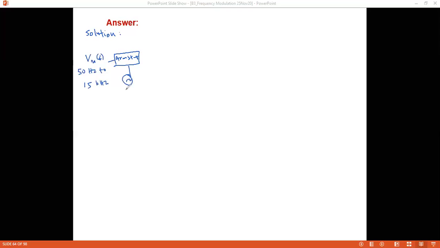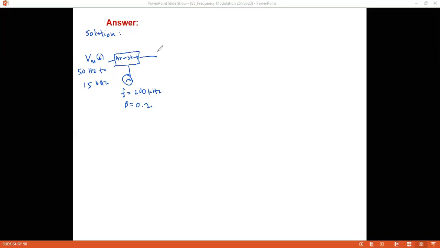Over here, the F is at 200 kilohertz. You're given beta of our Armstrong equal to 0.2. This is our narrowband FM part.